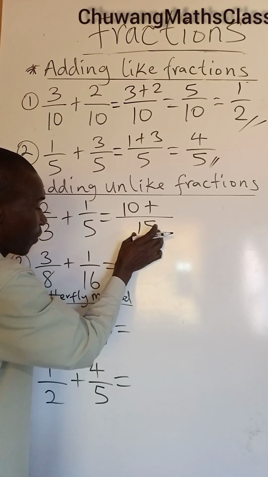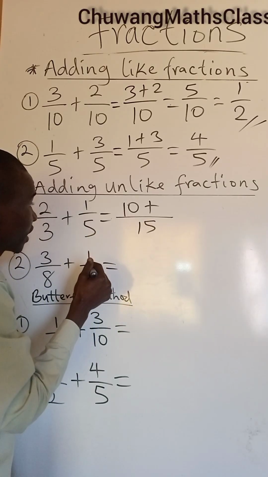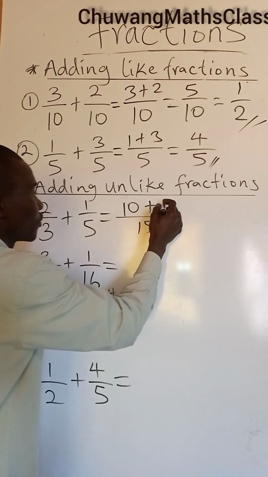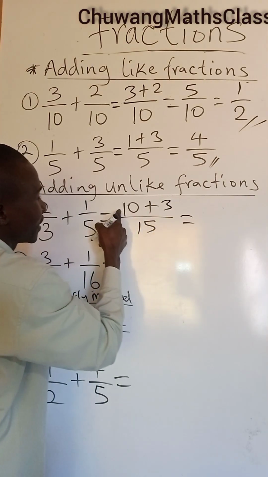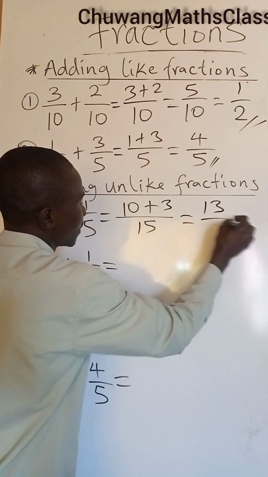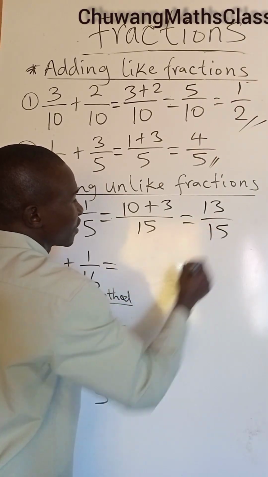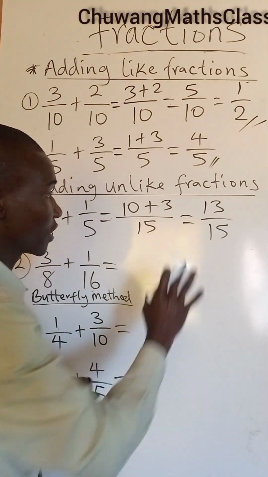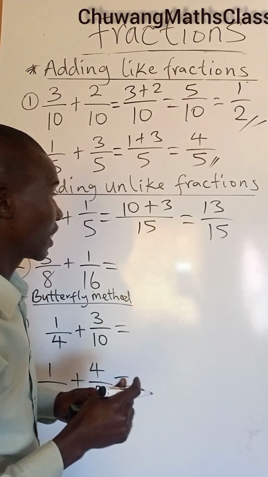That is 15 divided by 5 is 3. So the 3 that we've gotten times 1 will give us 3. So add 10 plus 3, this is 13, all divided by 15. So this 13 over 15 here, we can no longer simplify it because it is at its lowest term already.